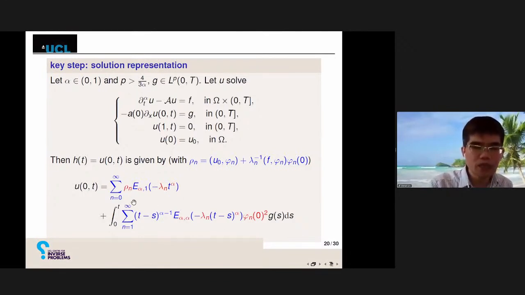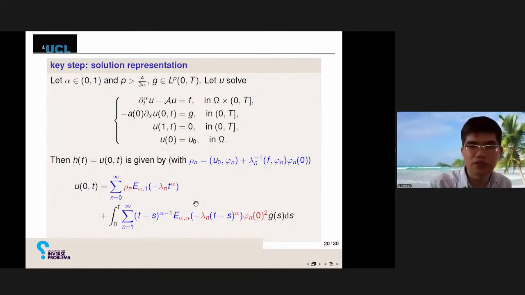Let me emphasize that the quantity on the left-hand side is known on some given time interval, and everything else, like the red stuff, is unknown. For example, this rho n is unknown because U0, lambda, and this eigenfunction phi n are unknown. Alpha is unknown. And lambda n is also unknown because it depends on the potential.